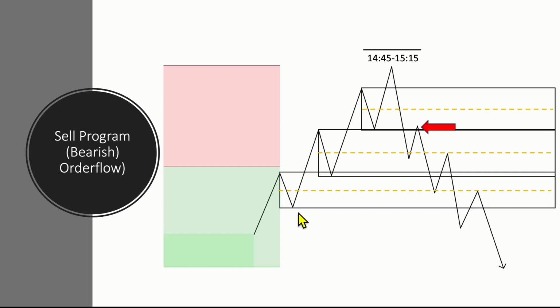And here's the second time window for the PM session where we are looking for signs of a reversal and/or expansion to originate from.